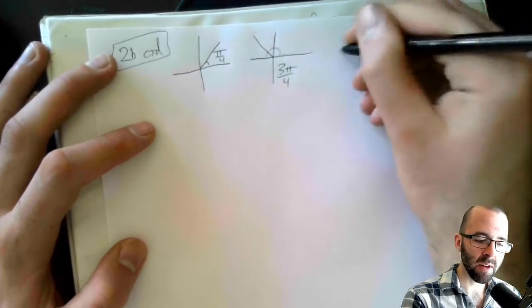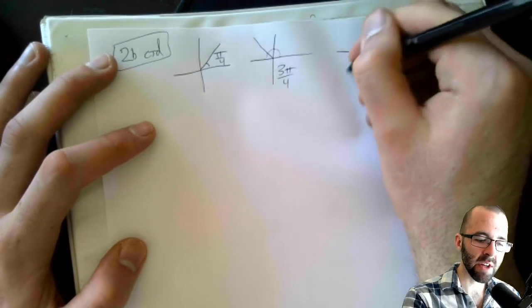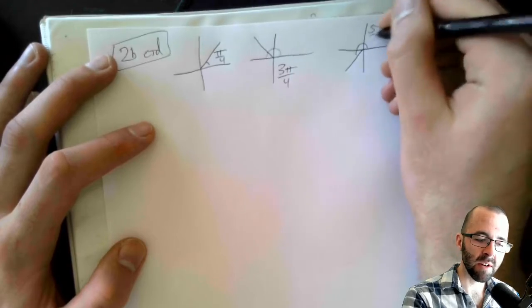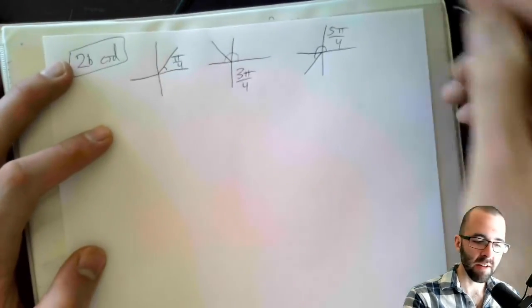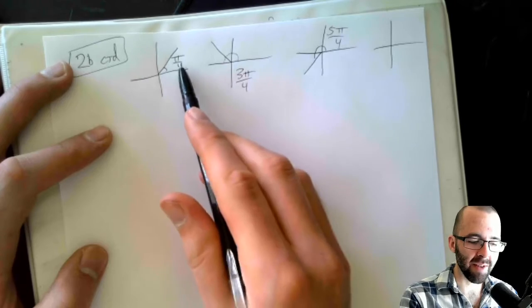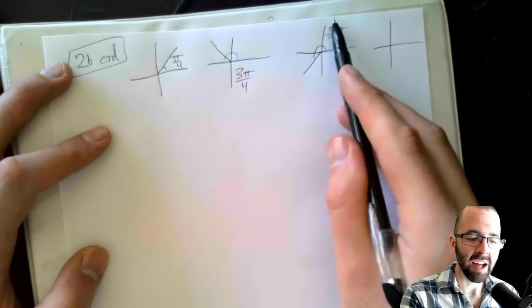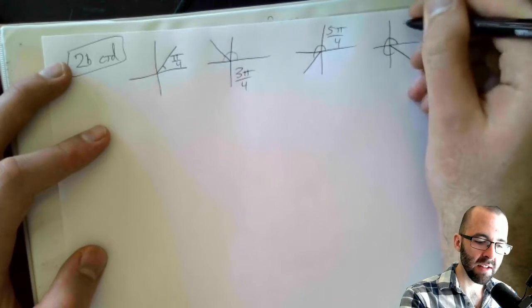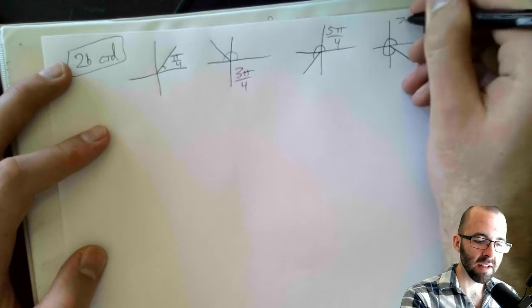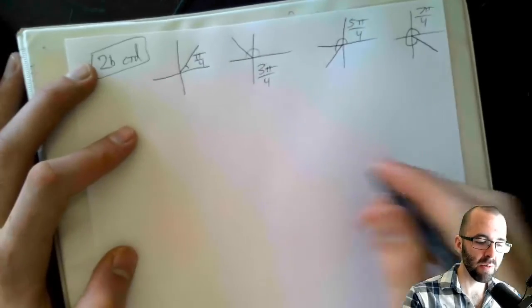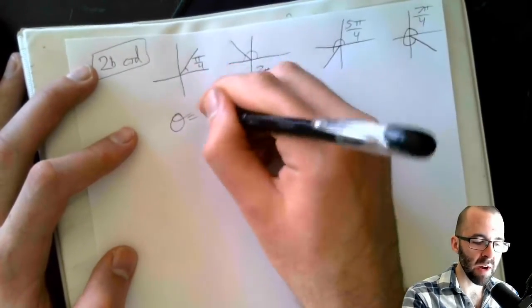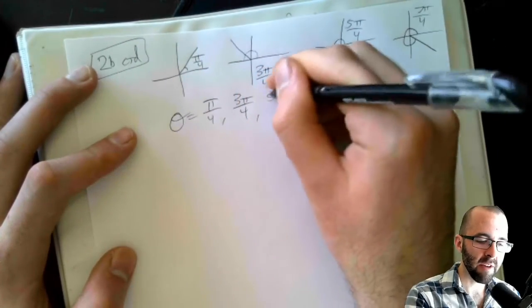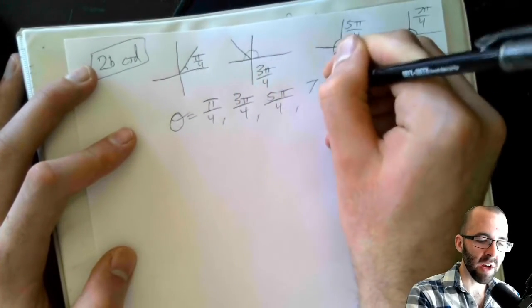Third quadrant, reference angle of pi over 4, it's going to be 5 pi over 4. And the fourth quadrant, you notice the pattern, right? 1 pi over 4, 3 pi over 4, 5 pi over 4. This is going to be the Pac-Man angle, 7 pi over 4. So these are our 4 answers: pi over 4, 3 pi over 4, 5 pi over 4, 7 pi over 4.